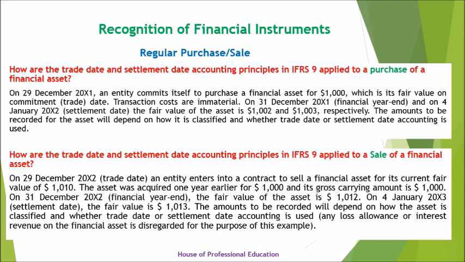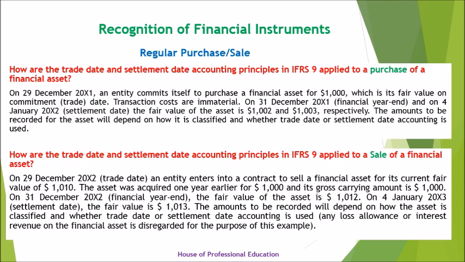The fair value of the asset is 1012 on 4th January, the settlement date, the fair value is 1030. The amount to be recorded will depend on how the asset is classified and whether trade date or settlement date accounting is used. Any loss allowance or interest revenue on the financial asset is disregarded for the purpose of this example. Let's see the solutions.